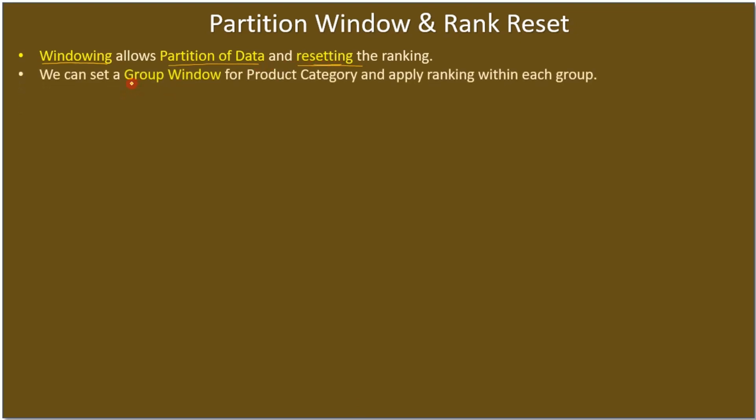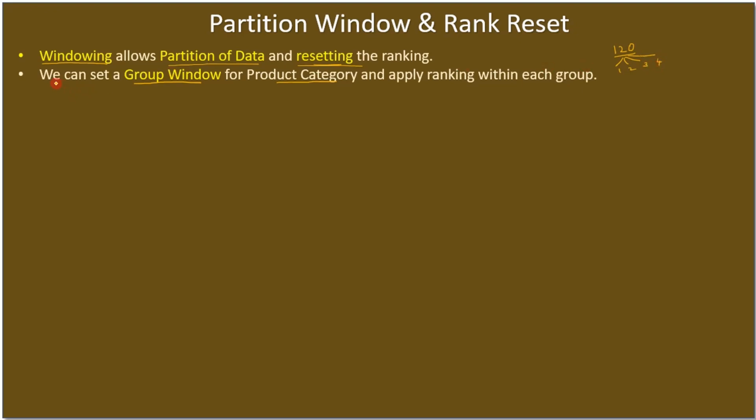We can set a group window for product category in our view. Our view at present displays order number, category name, product name, and net sales. Each product falls under a specific category. Let's say there are only 120 products; all these 120 products may fall under, for example, 4 categories: 1, 2, 3, 4.